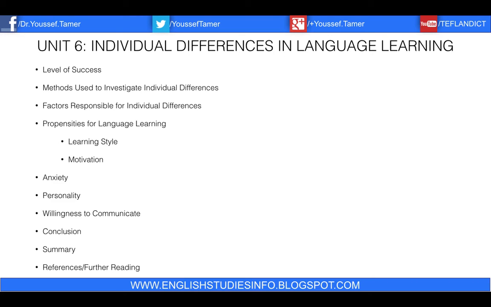Because when there is a lot of stress in a class, do you think that there's going to be a lot of learning? No. Okay, it doesn't work. So what needs to be done is some kind of stress-free environment, reducing anxiety as much as possible in order to make people at ease, and then learning can be better. So we will talk about that, anxiety, personality, willingness to communicate.